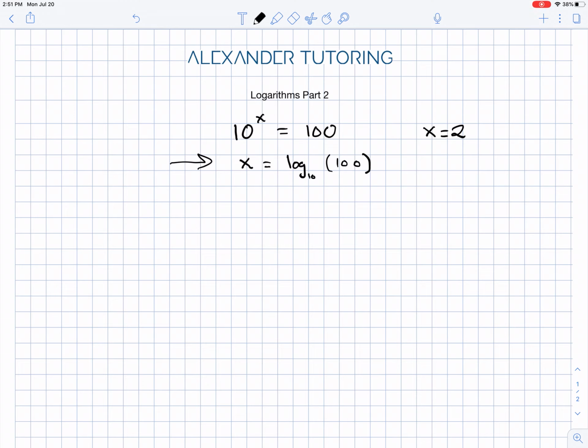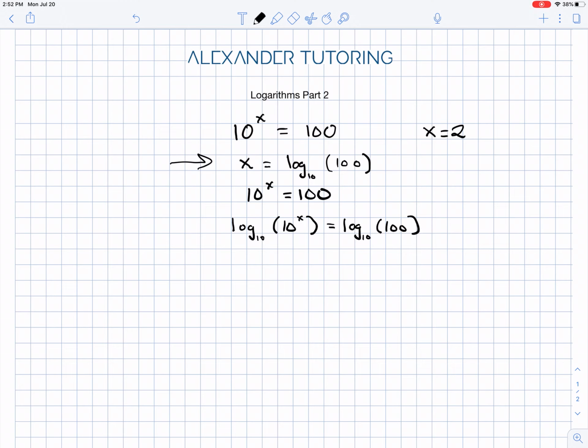Now let me just show you, going back to that original example, 10 to the x equals 100. They're not all going to be so easy you can just look at it. What do we do to both sides of the equation to get that x? Well, we see the base 10 here, so we're going to use log base 10 to match the base of the exponent. And we're going to plug the left-hand side of the equation into the logarithm function, and we're going to plug the right-hand side into the logarithm function.